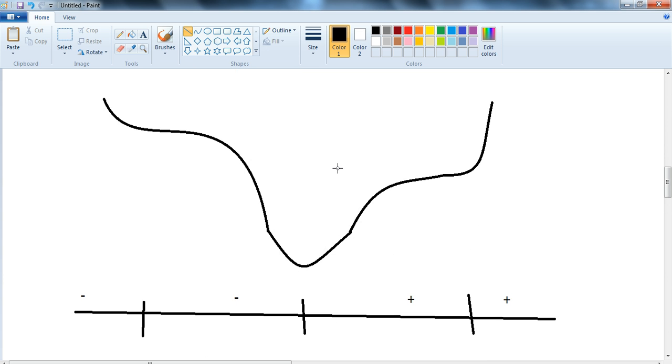Okay, so just to show that not all functions have really comprehensible number line-ish things, let's look at this function. At this function there are 4 critical points. Our derivative is 0 here. It's also 0 here. And it's also 0 here.